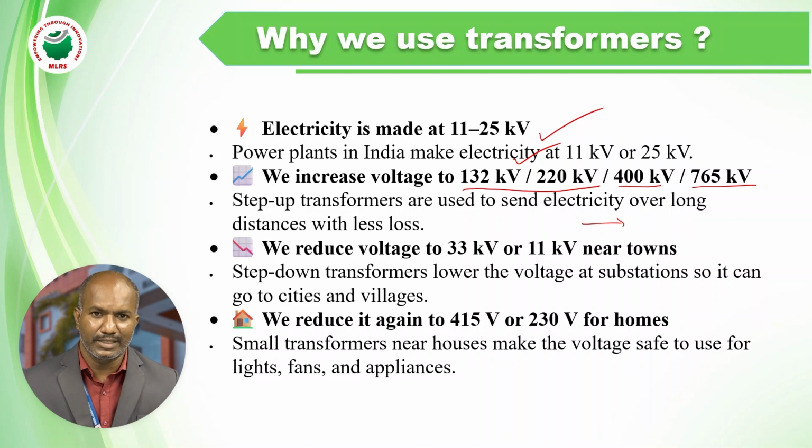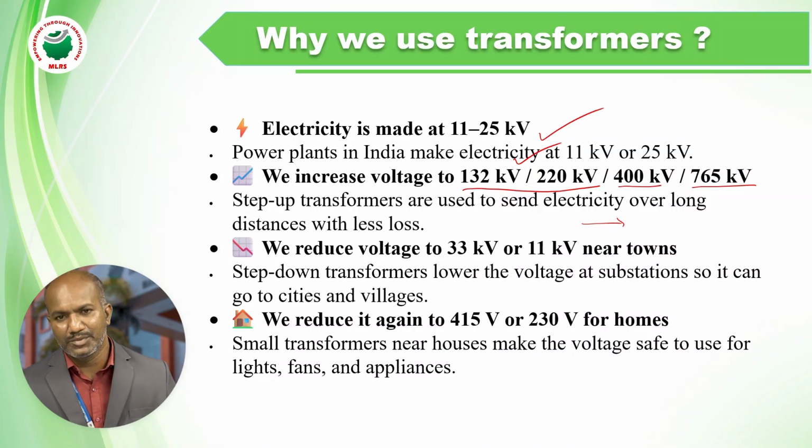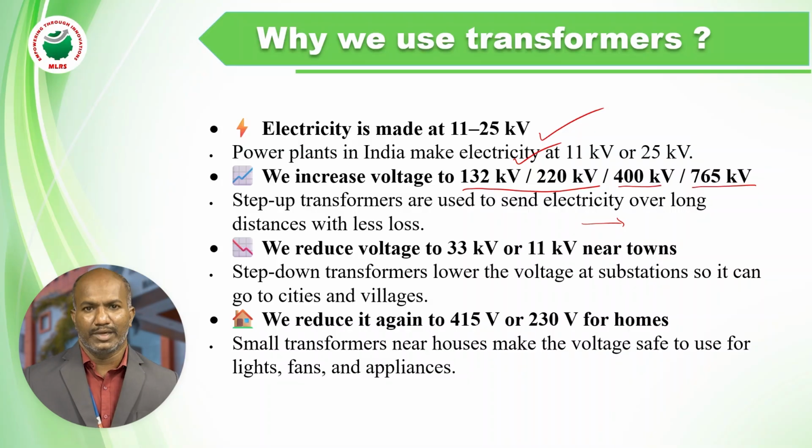We know that transmission lines are made of copper. Every transmission line is not a perfect conductor. It has losses. The losses present in transmission lines are called copper losses, in other words I square R losses.